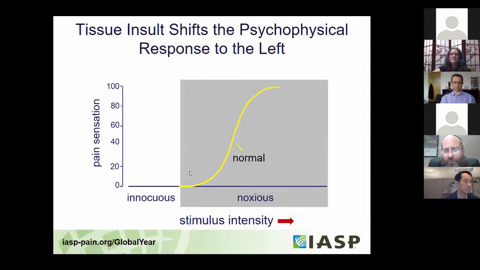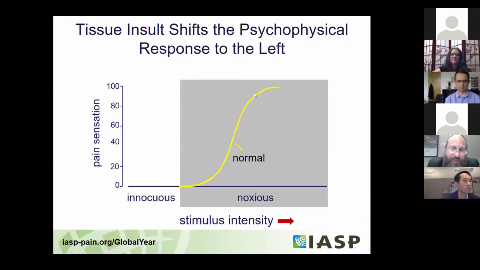We can use what is known about cutaneous pain to better understand abdominal, pelvic, and visceral pain. So typically, you have stimuli that do not cause pain, and on the other extreme, you have very painful stimuli.